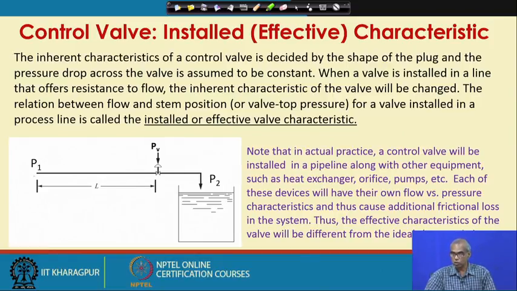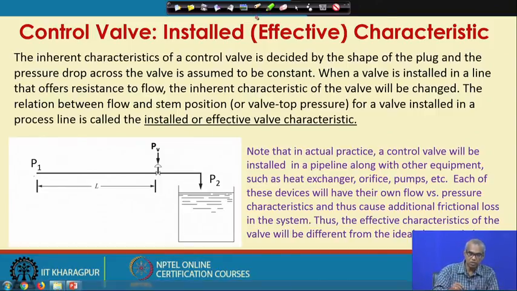When a valve is installed in a line that offers resistance to flow, the inherent characteristic of the valve will be changed. The relation between flow and stem position or valve top pressure for a valve installed in a process line is called the installed or effective valve characteristics.